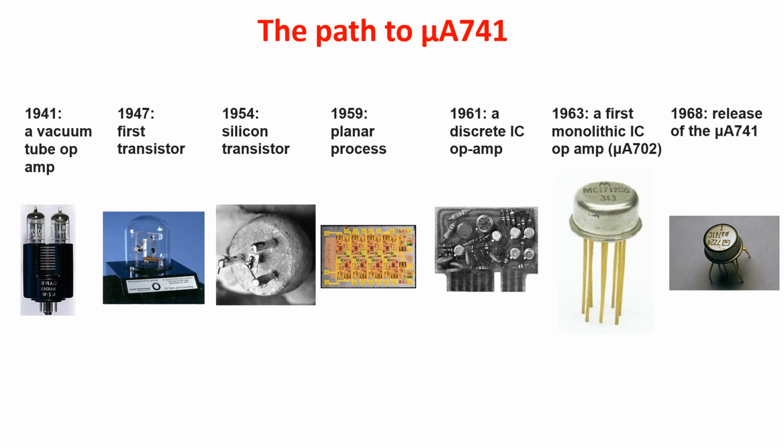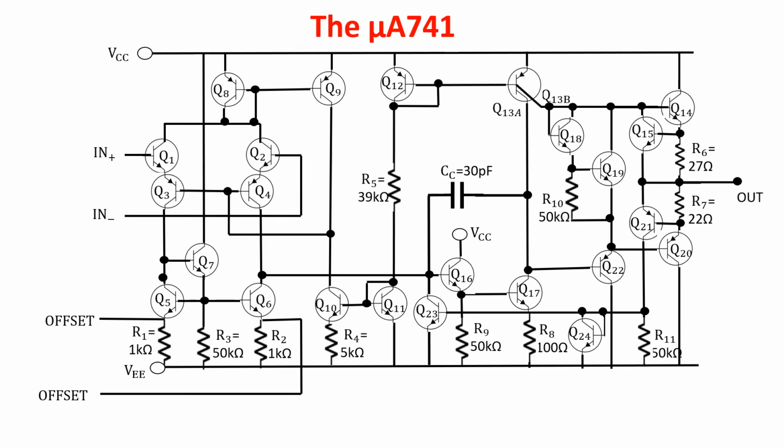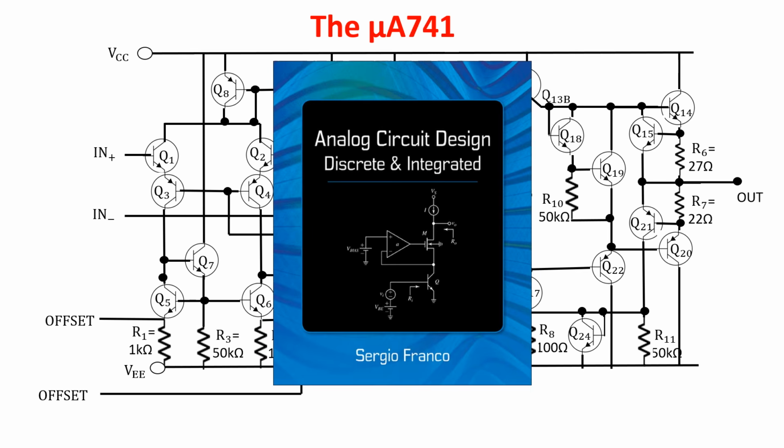This simple difference has made the uA741 the most popular OpAmp of all time. Since 1968, the uA741 has been produced by many different manufacturers, so you can find many slightly different versions.